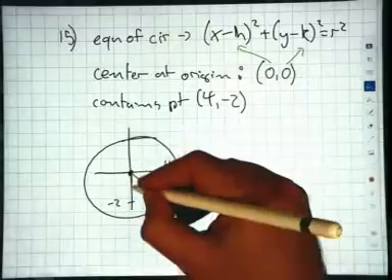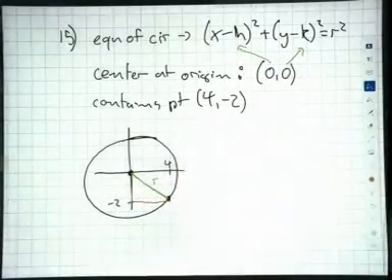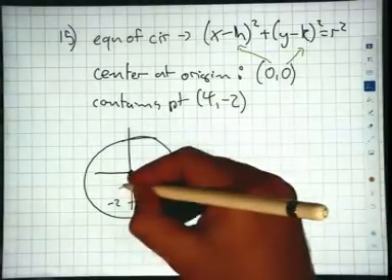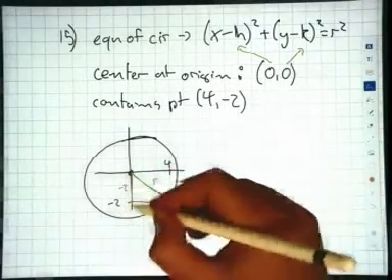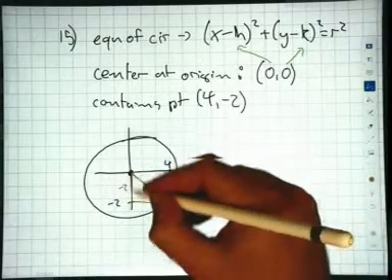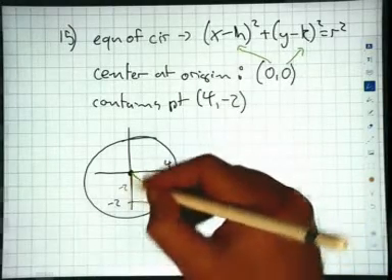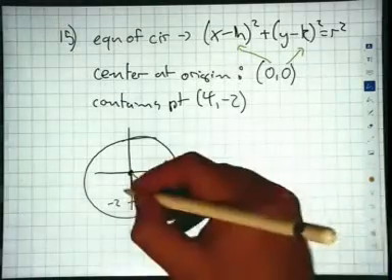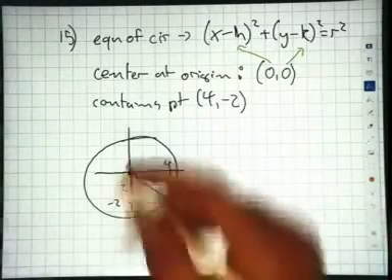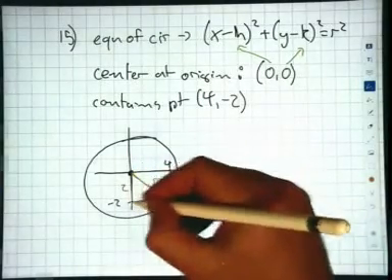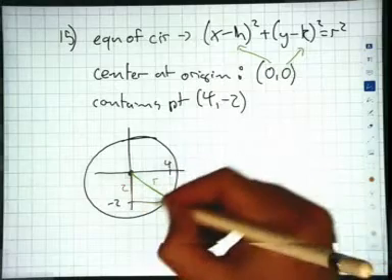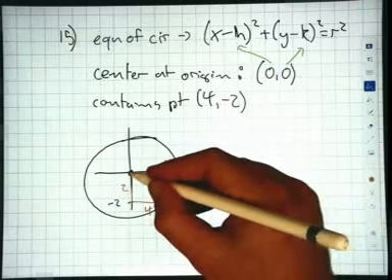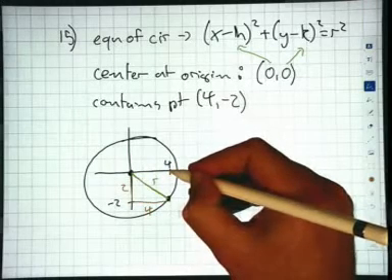Well, what if I make a triangle where the height of that triangle is the -2, or rather, we'll just call it 2. We don't have to deal with negatives. The height of the triangle is the distance from the origin down to the y value, and the length of the triangle is the distance from the origin to the x-coordinate.